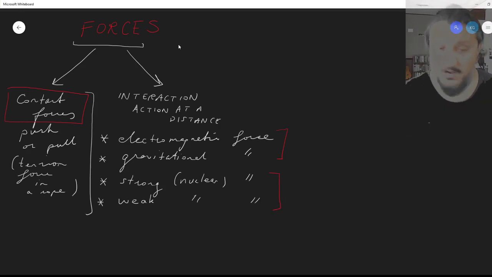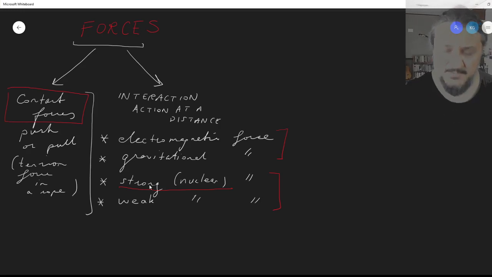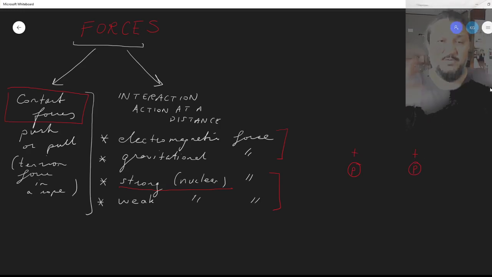Now it is strong, don't get me wrong, I mean this is the strongest of all. And what is it? Remember those two protons that you were trying to bring together? So you push them, let me draw it actually here. This is a proton with a positive charge, another proton, positive charge. Now these guys repel each other, they don't want to be together, okay?